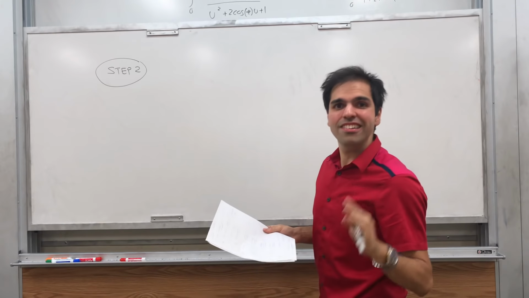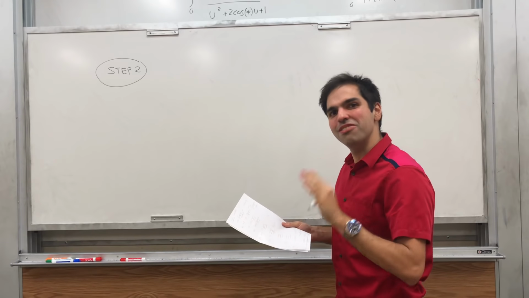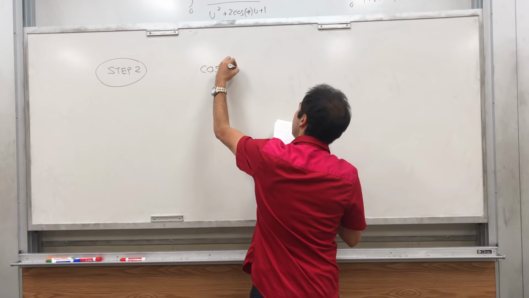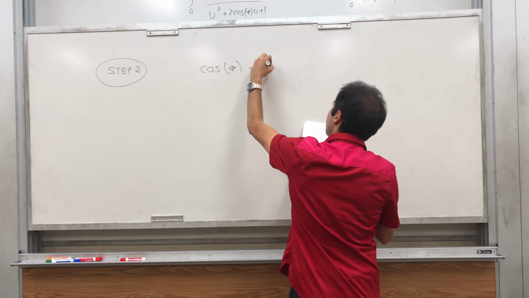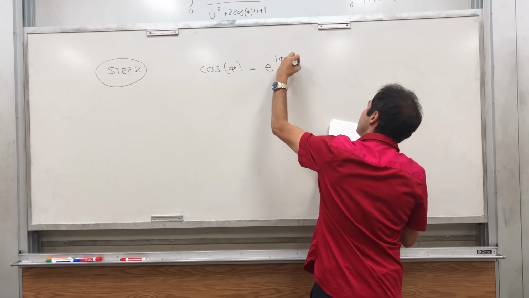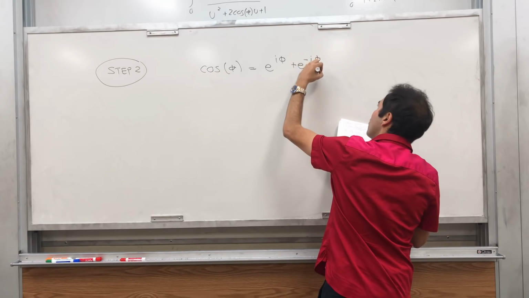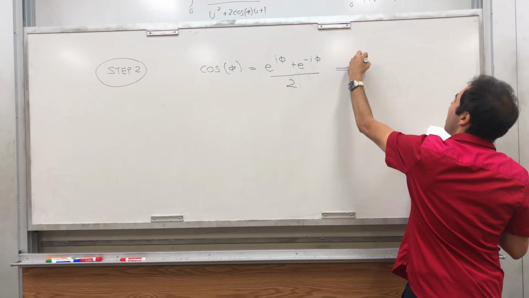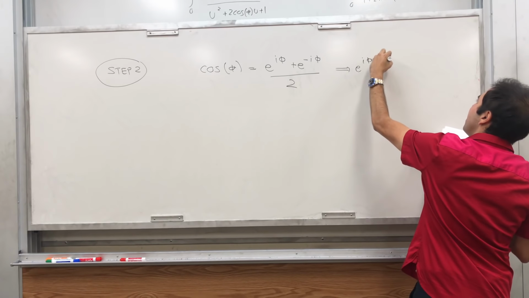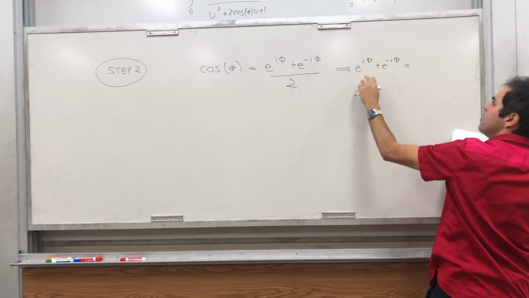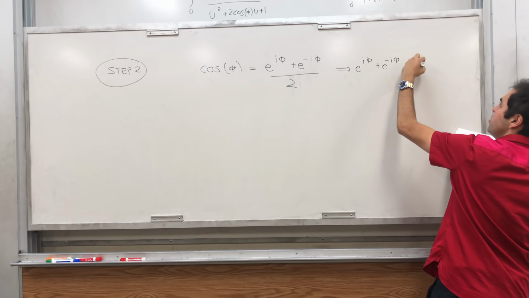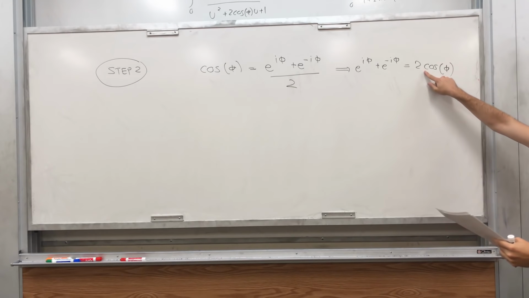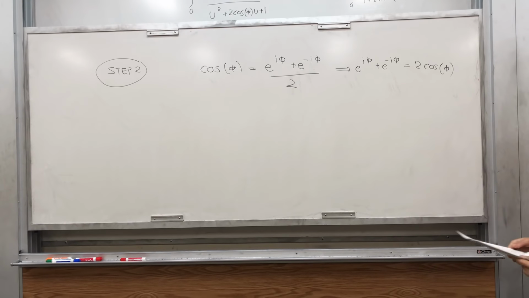I would like to remind you there's a beautiful decomposition of cosine in terms of complex exponentials. So cosine of phi is e to the i phi plus e to the minus i phi over 2. If you multiply by 2, you get 2 cosine of phi, which is very good because remember, our integral involves 2 cosine of phi.